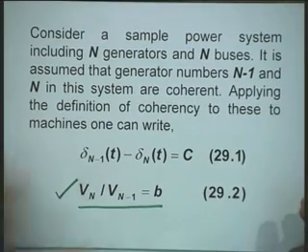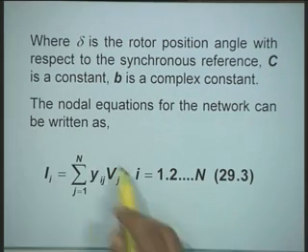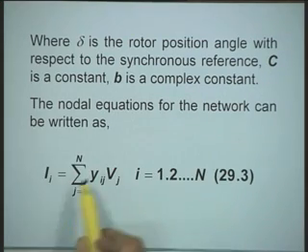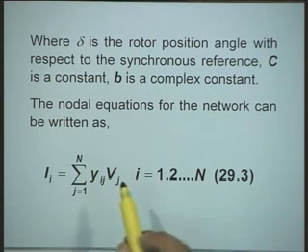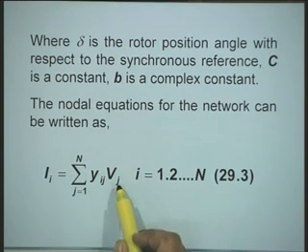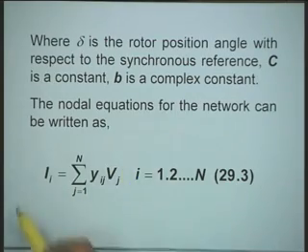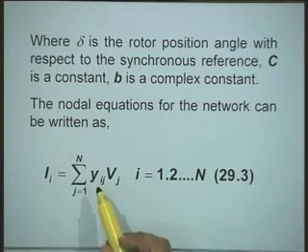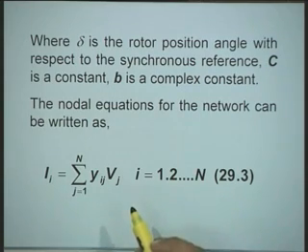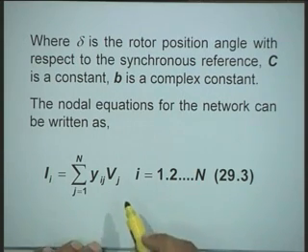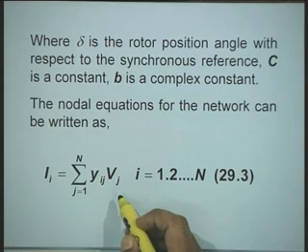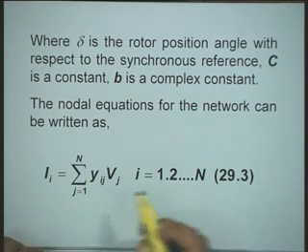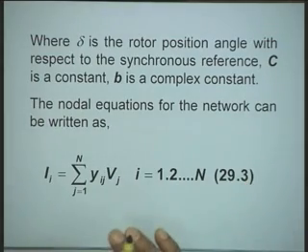Now, when you obtain the reduced network, the process is very simple. We start with the actual network model. Let us say that this is the network model, that is, I equal to summation of j equal to 1 to n, y I j V j. This forms our steady state network model, where I is the current injection at bus i, V j is the voltage of the jth bus, and y I j are the elements of the Y bus matrix.